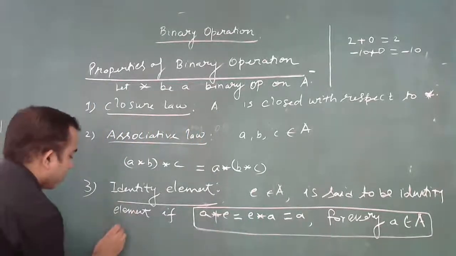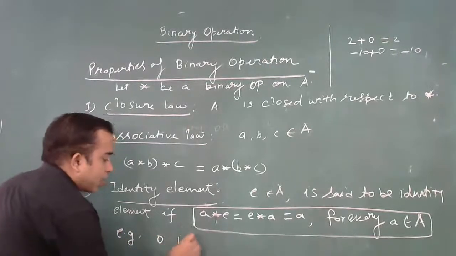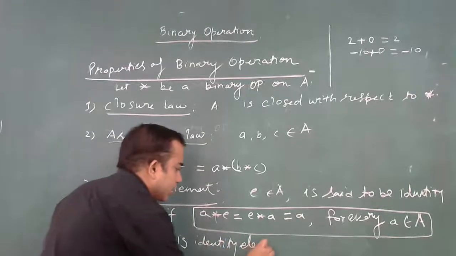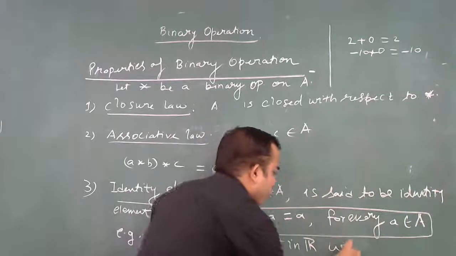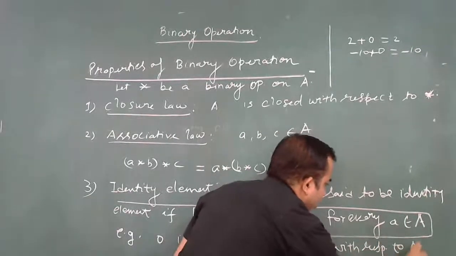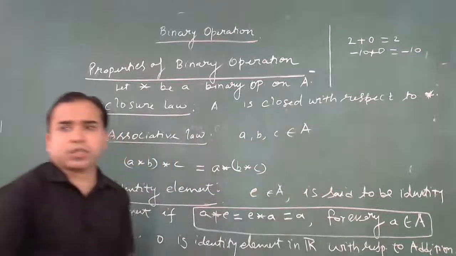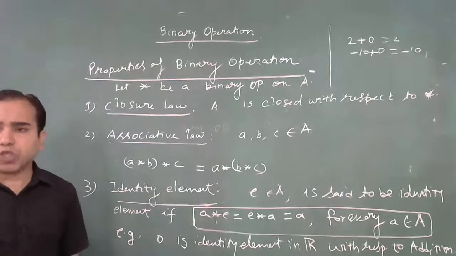For example, 0 is identity element in R with respect to addition operation, isn't it? And you know what? If the operation is multiplication, what should be the identity?